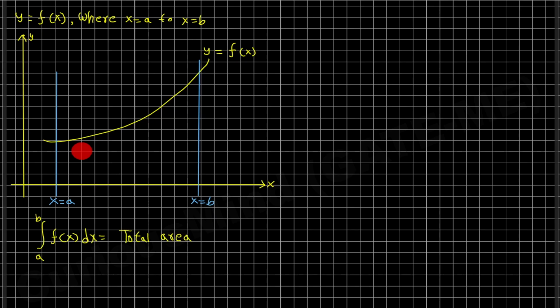Now we would divide this total area into, let's say, three equal parts. The total area can be divided into any number of parts, but we would divide it into three equal parts for illustration purposes.